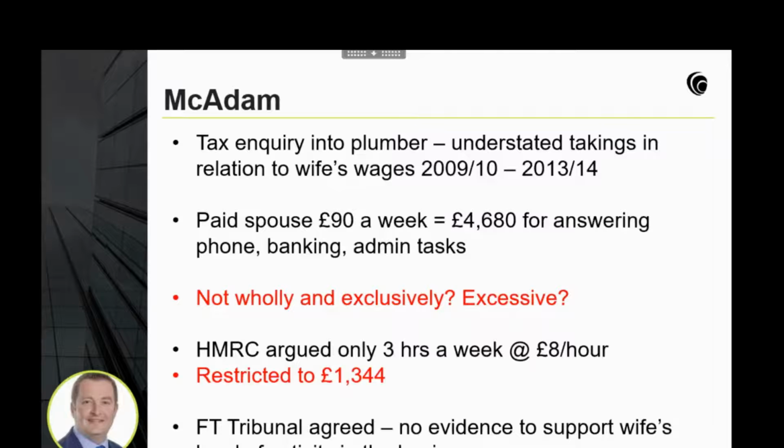Even of numbers as small as this, under £5,000, normally even I would have said, oh, this would surely not raise HMRC's eyebrows in any way. HMRC, however, argued that only 3 hours a week at £8 an hour was commensurate to the duties, and restricted the deduction to £1,344.